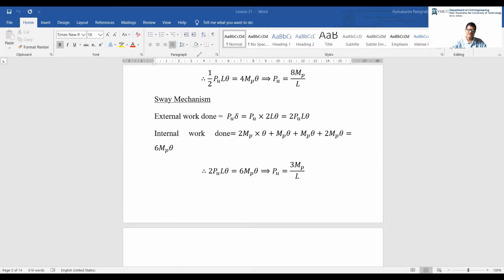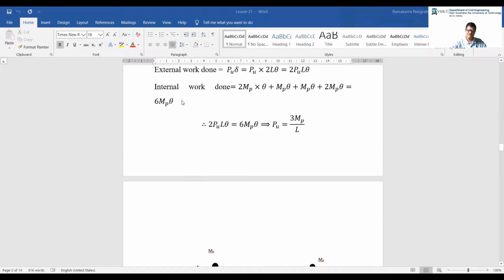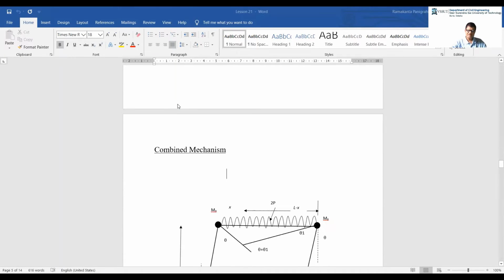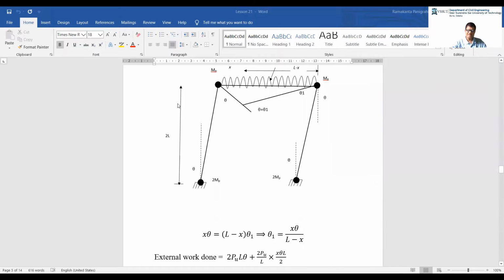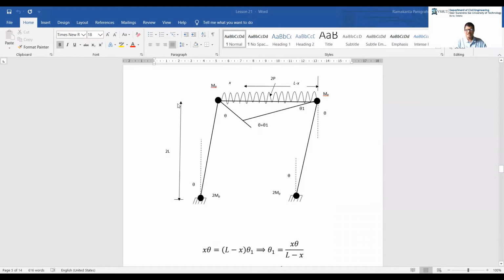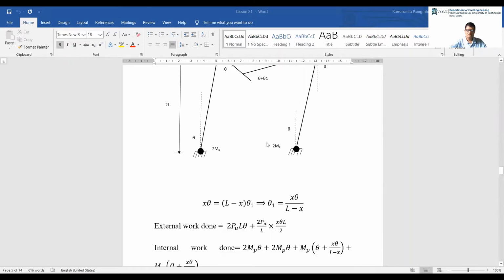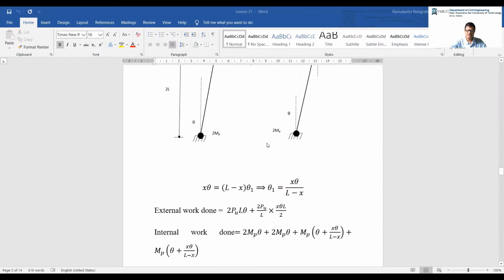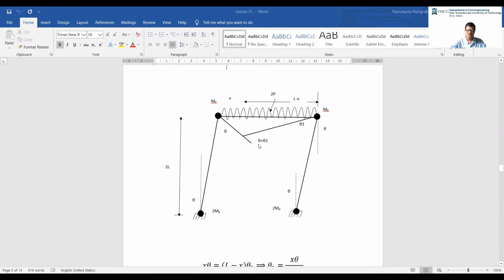Then take the list of all these. Now see the combined mechanism here. Here will not be this.